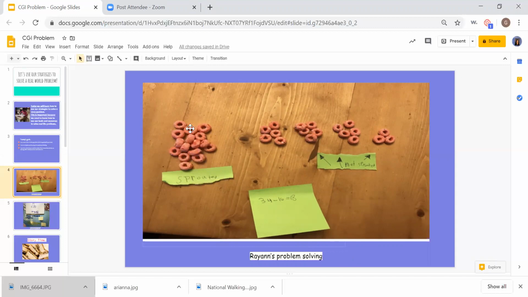She labeled this her work here, and then she put over here how many had not sprouted. And I love how I can tell that she counted by fives because she put them in groups of 5 and then the extra ones. So it was probably a lot easier for her to find the answer because she could go 5, 10, 15, 16, 17, 18. So again, today what I'm going to be looking for in your responses is that you are labeling your work, and she made her equation.